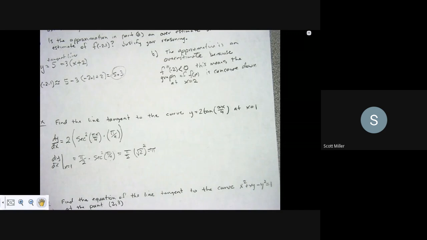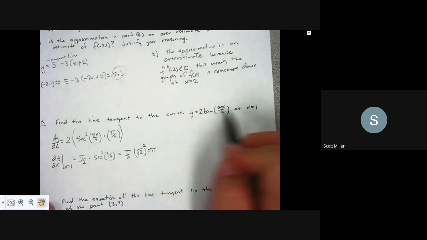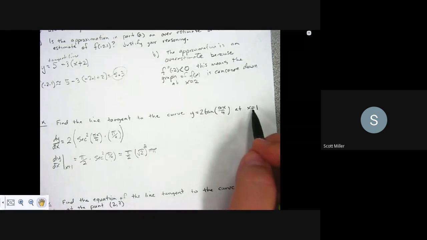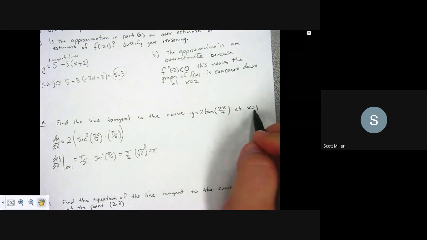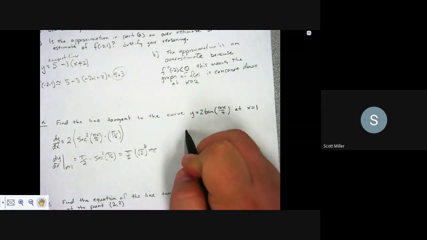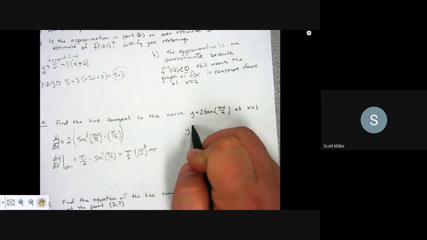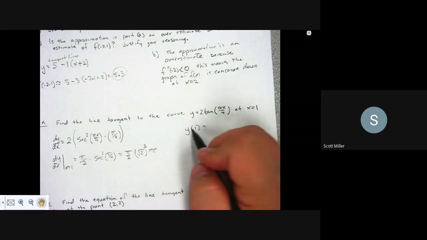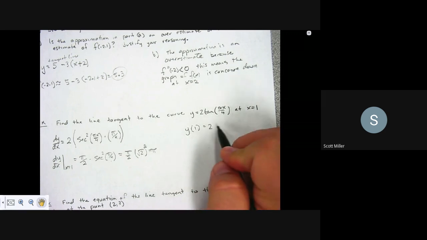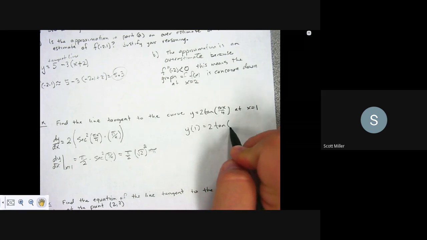Now, I also need to know the y value. I got to have a point, correct? So that means I have to come up here to this equation to find the point. I only have the x coordinate of the point. I need the y coordinate of the point. So what is y at 1? Looking at y as a function notation. What is y evaluated at 1? And so you simply plug in 1 into this equation.